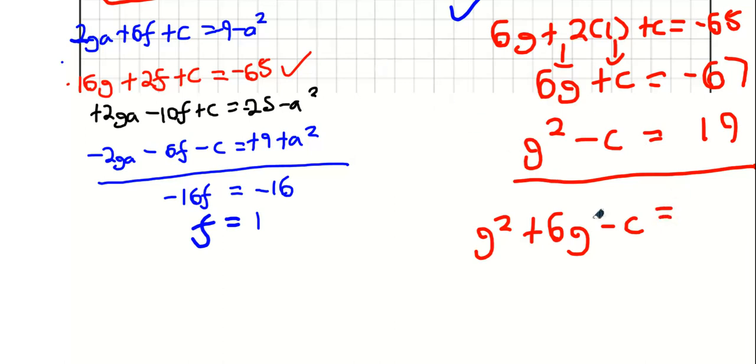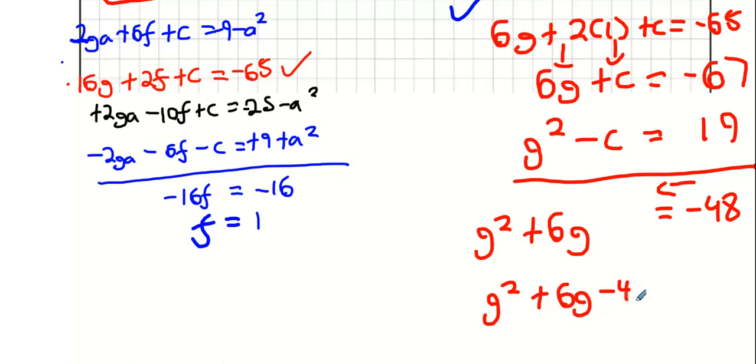What's then? Which is, what's minus 67 plus 19? Minus 48. Okay, bring it over to your side. g squared plus 6g plus 48, is it? Yeah. Oh. Okay, yay.